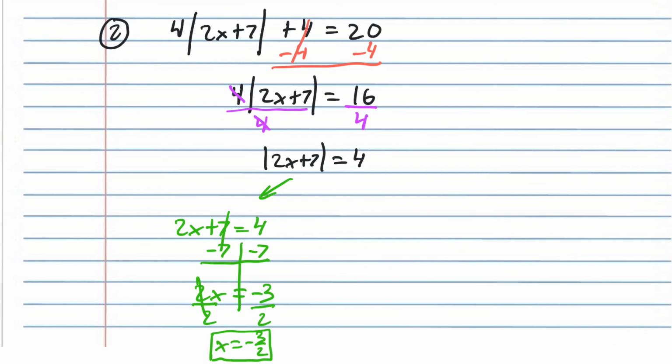You're just kind of checking your work at this point. And then your other possibility, the only thing you change is you change that 4 to be a negative. So 2x plus 7 equals negative 4. And then solve this equation.